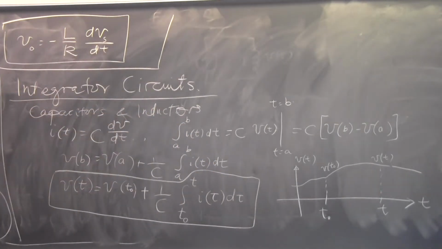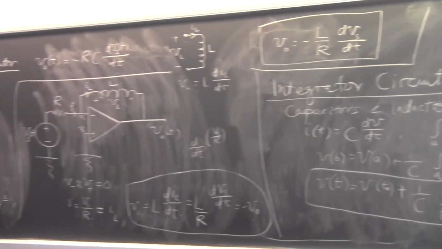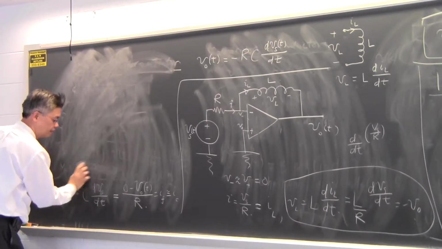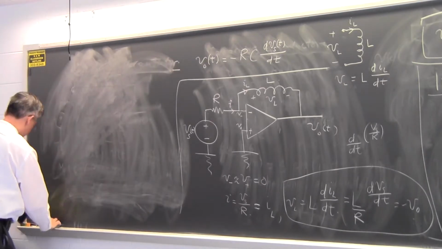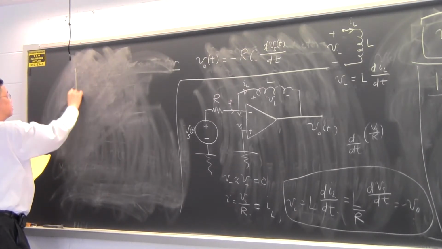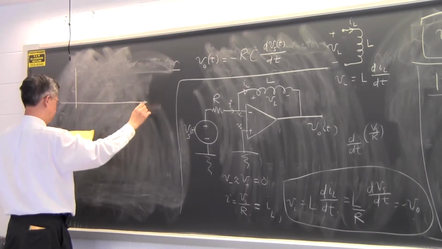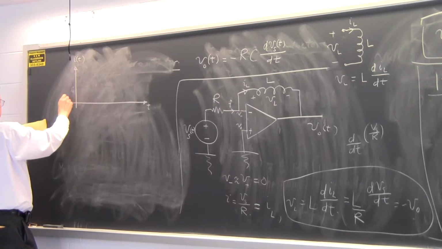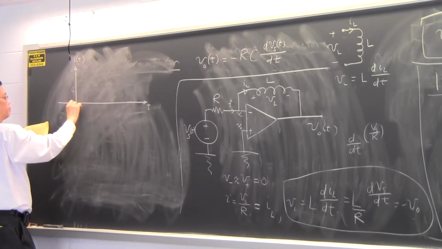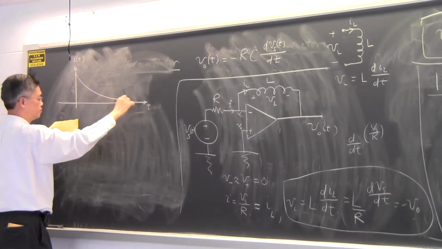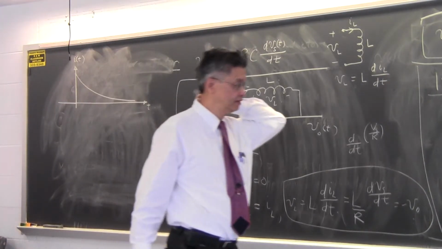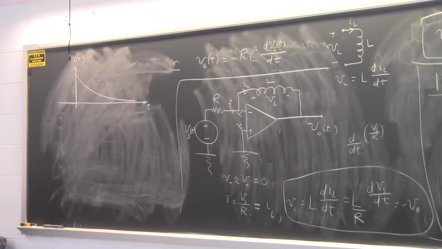So if you were to look at the current that goes into the capacitor, if you imagine a current that looks something like this, a current that looks something like this that goes into the capacitor, you ask yourself what the voltage is through the capacitor.